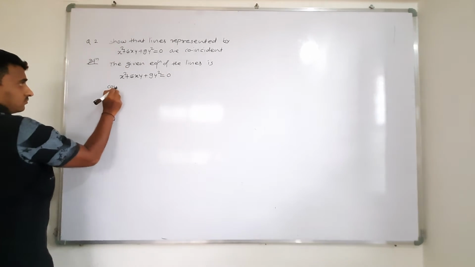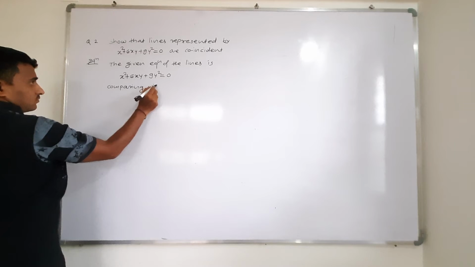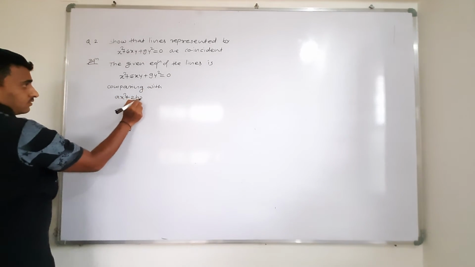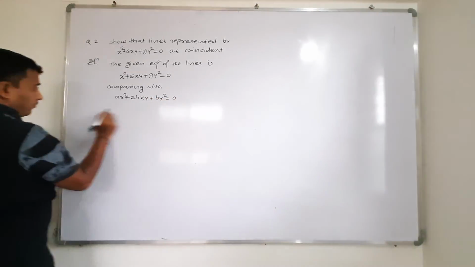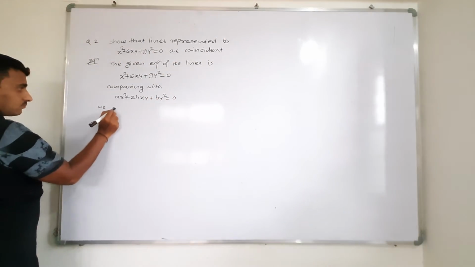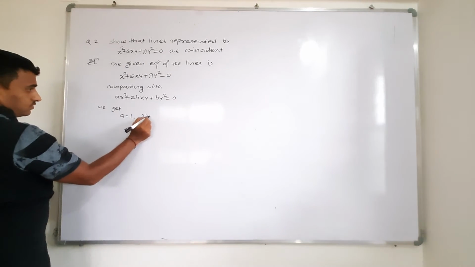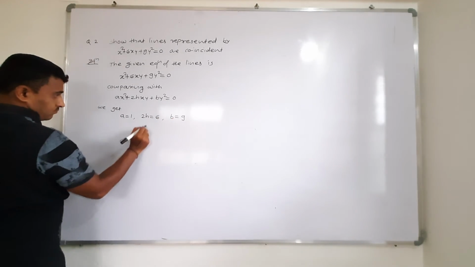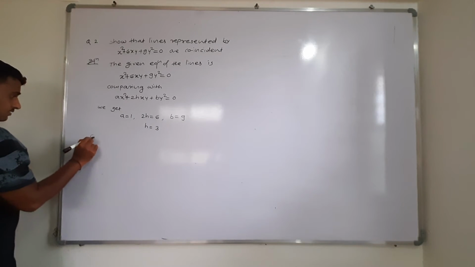Comparing with x square plus 2hxy plus by square is equal to 0, we get a is equal to 1, 2h is equal to 6, b is equal to 9. That is, h is equal to 3.